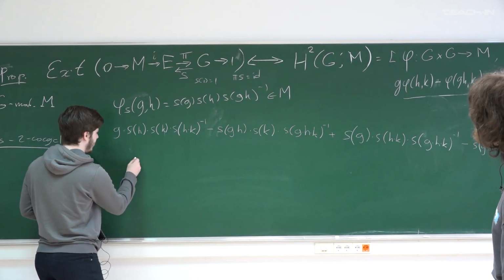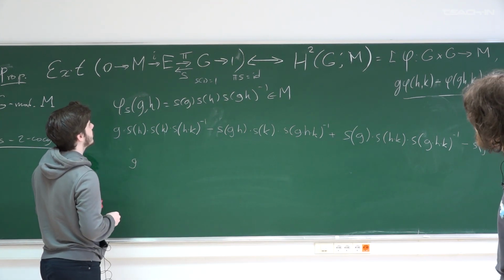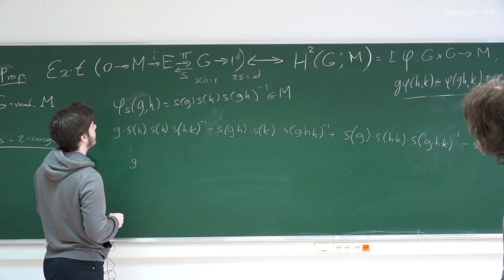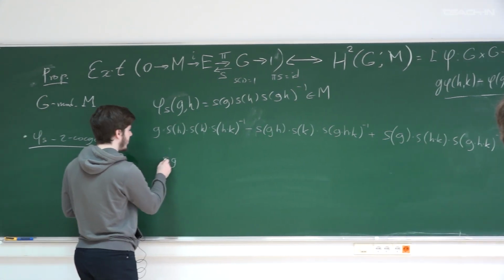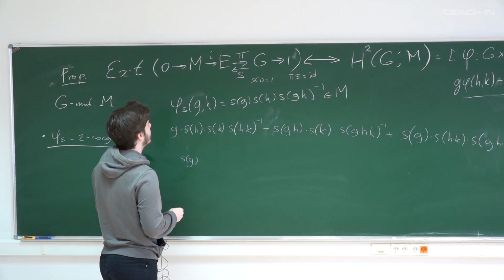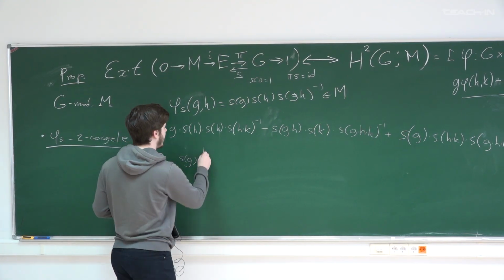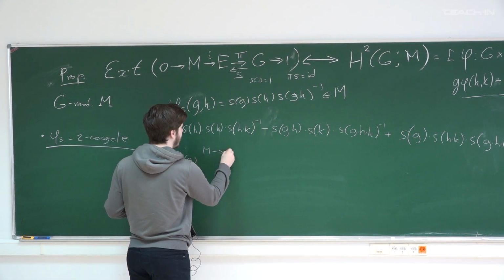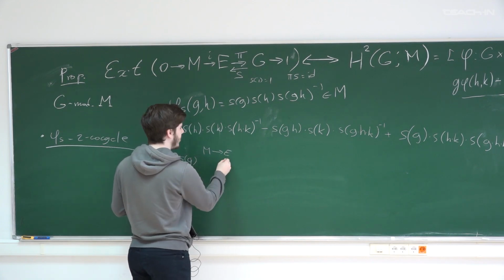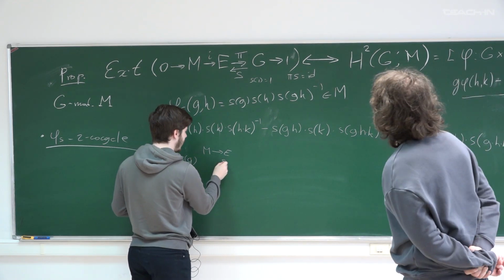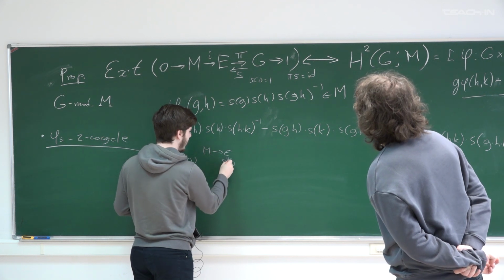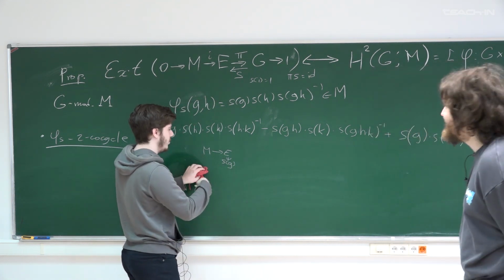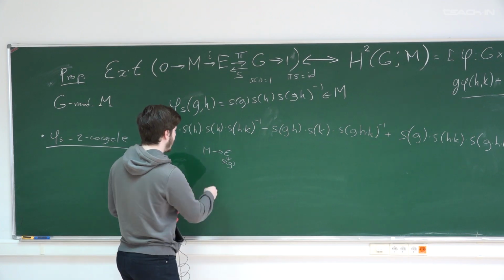I think I need to take the element g, take its preimage, and then, since I have a map M to E. In fact, this action does not depend on s.